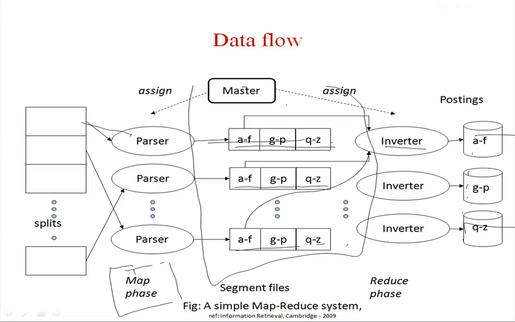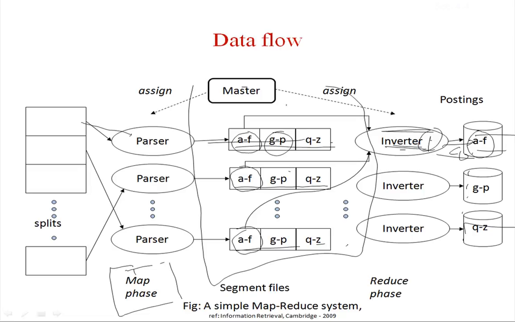For example, for terms which start from A to F, the master system assigns all such tasks to inverter 1 through cluster system C1, and it creates the inverted index for that posting.